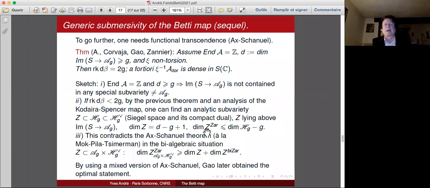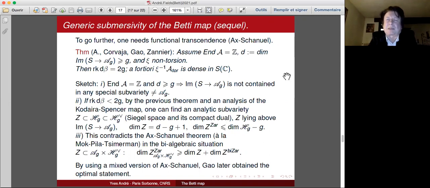So to go further, one needs a stronger result, and this result comes from functional transcendence, and they use o-minimality, so tame geometry, and Ax-Schanuel. So let me state a theorem, joint with Corvaja, Gao, Zannier, and myself.